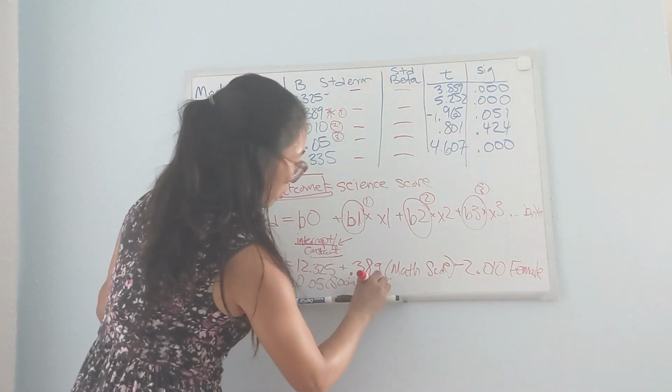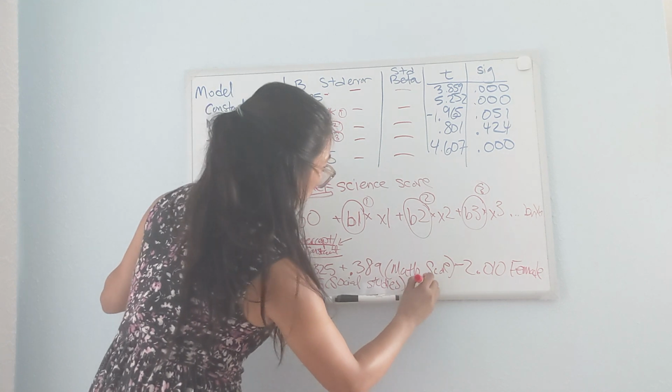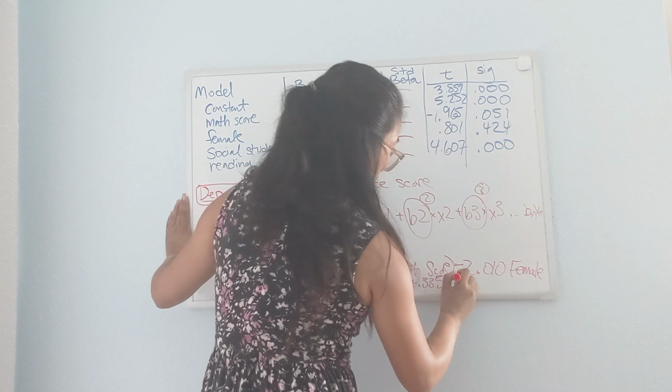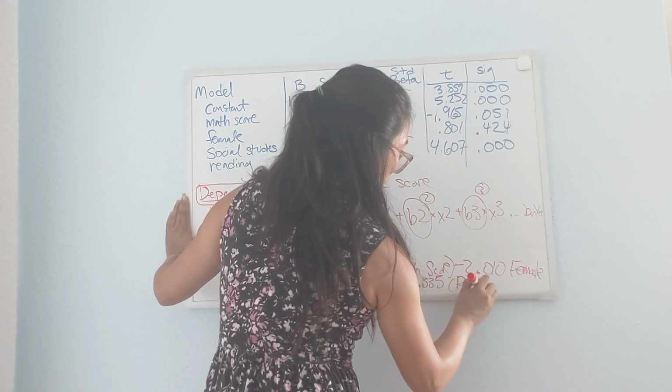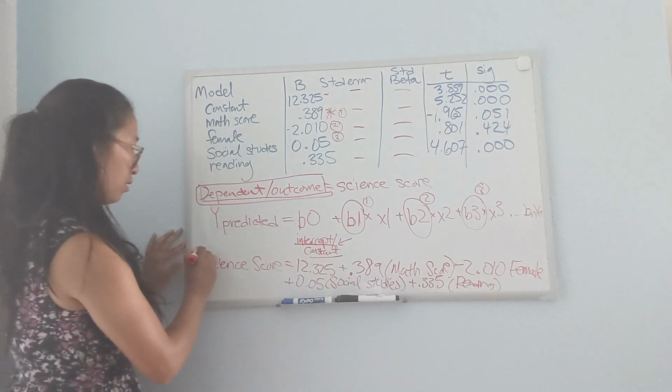So that's their score for social studies, right? Plus 0.335 times reading. That's the reading score. Okay, so that's the whole equation right here.